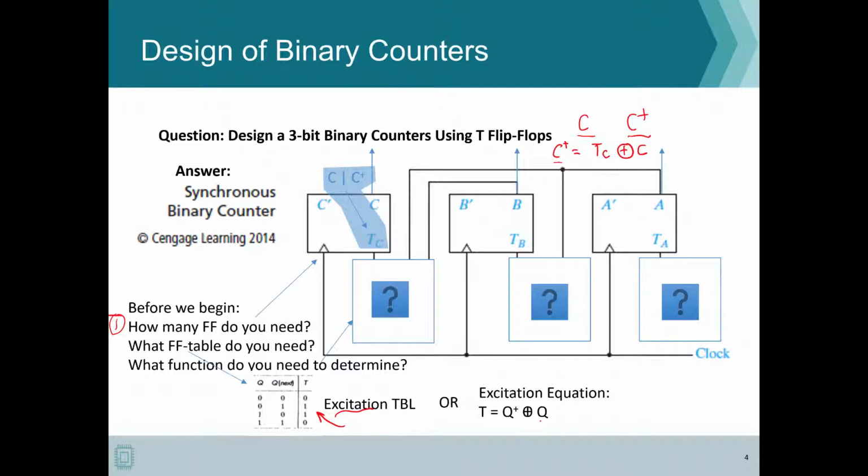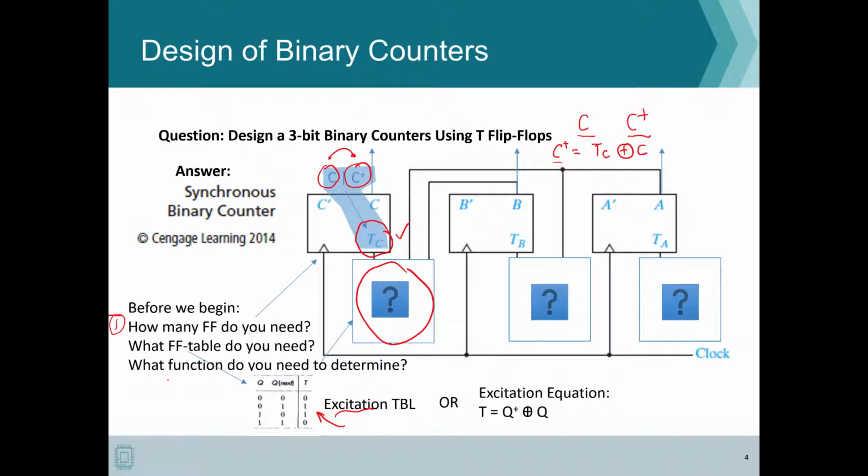What the excitation equation tells us is, if I have a current state which is C, and my next state is C+, what should have been my input to trigger from C to C+. Using this, we can then create a table for TC and then try to determine this circuit.